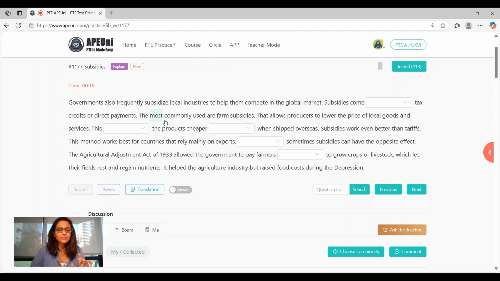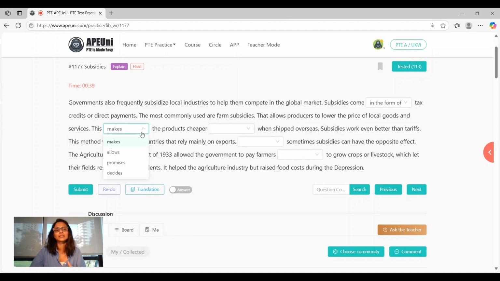Subsidies come in the form of, there we go, see? Assumption. The most commonly used are farm subsidies. This allows producers to lower the price of local goods and services. This product's cheaper, subsidies. See, there was allows there, but makes the products, I think makes sounds better.